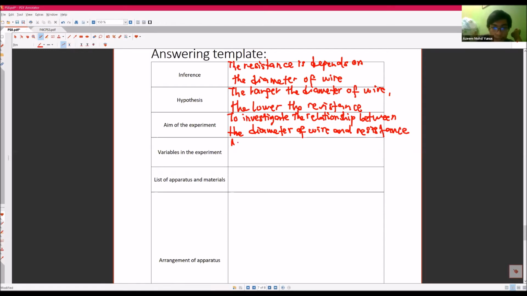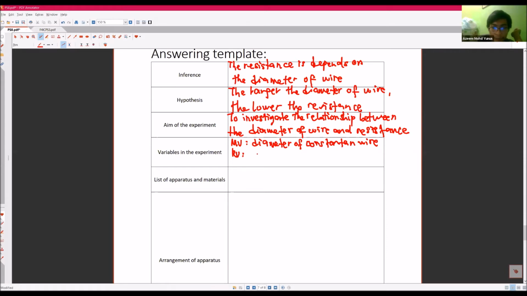Make sure that you write in full. Diameter of constantan wire, so we can specify constantan wire here, because we usually use constantan wire in the lab.